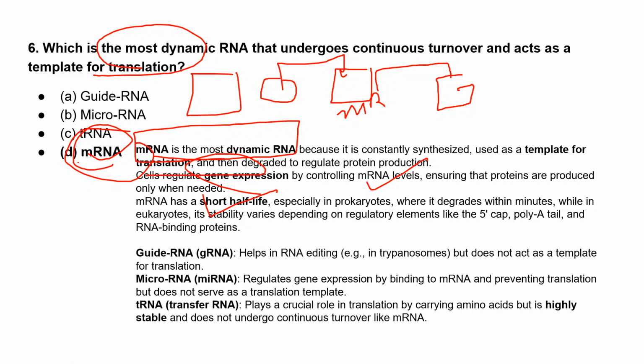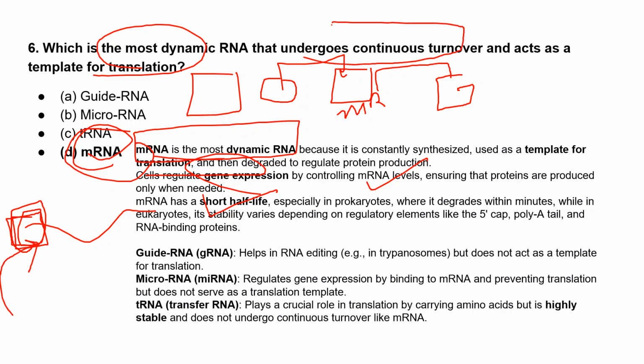So for that, the mRNA structure has a 5' cap at the front end of the messenger RNA, at the start, so that it can prevent the mRNA from degradation and it will undergo continuous turnover.